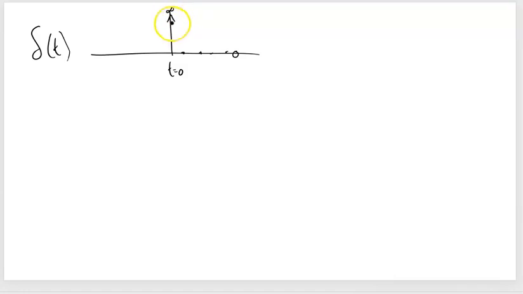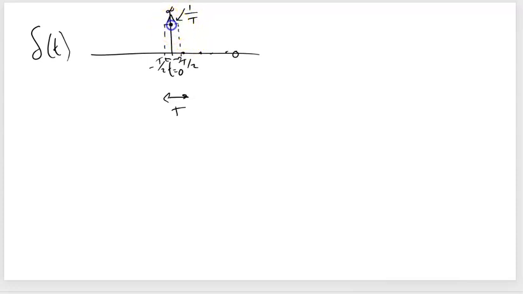And the way we constrain it is we give it a value that is essentially proportional to the width of the pulse. So if we said that this width was capital T, then this will be T over 2, and this will be minus T over 2. We say that the height of this is 1 divided by T.